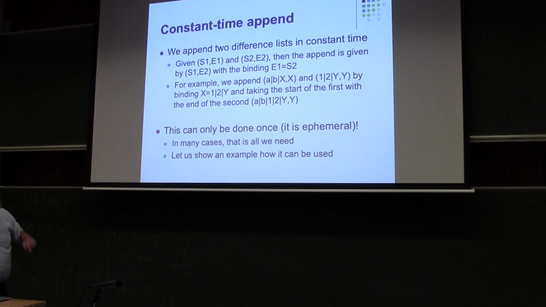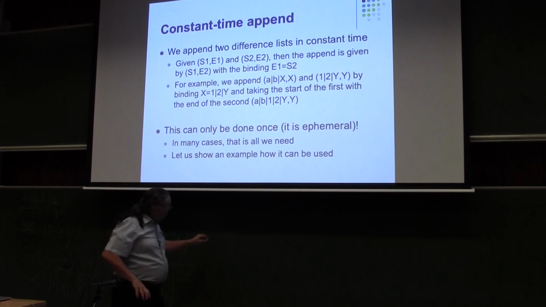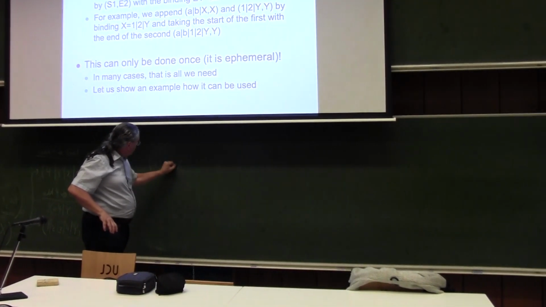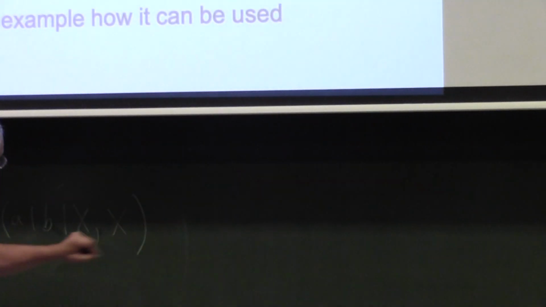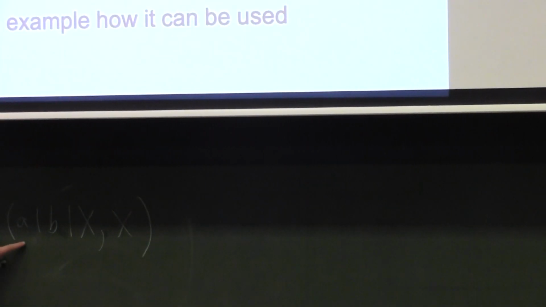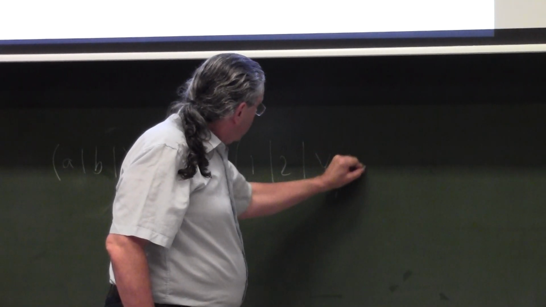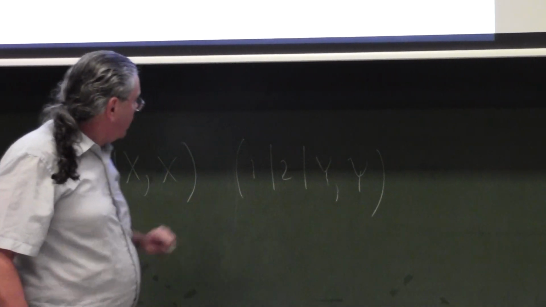If I have those two, the way to append them is to bind E1 to S2, and then I take S1 and E2. So if I have, for example, A, B, X, that's one difference list. This represents the list A, B. And I have another one, which is 1, 2, Y, Y. This represents the list 1, 2.